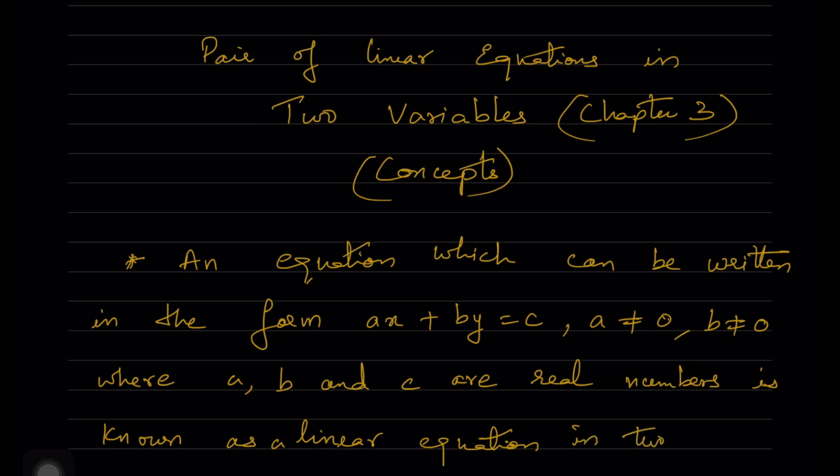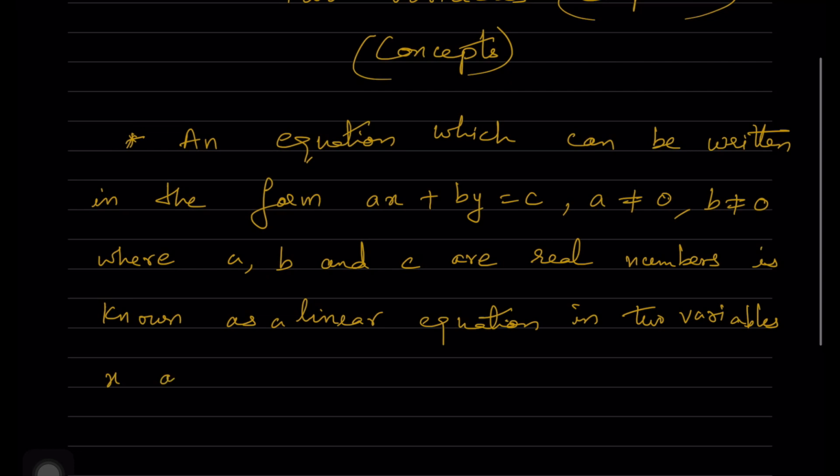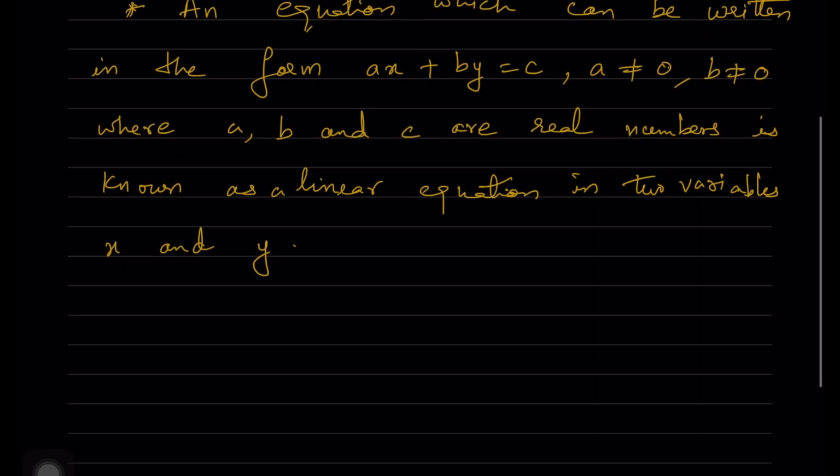So we are considering here linear equations in two variables, x and y, and here a, b and c are nothing but real numbers, and a should not be equal to 0, b is not equal to 0.